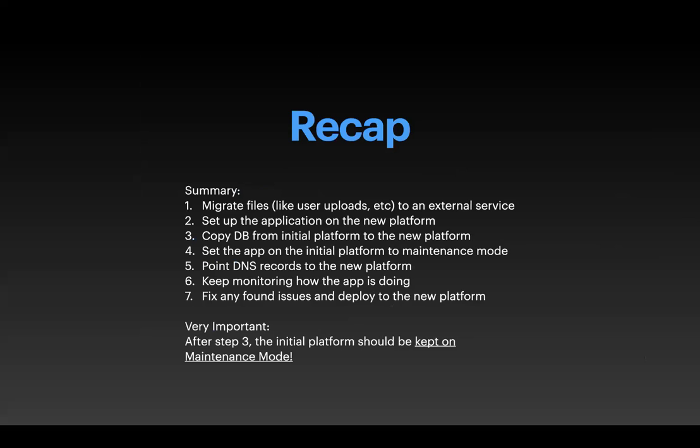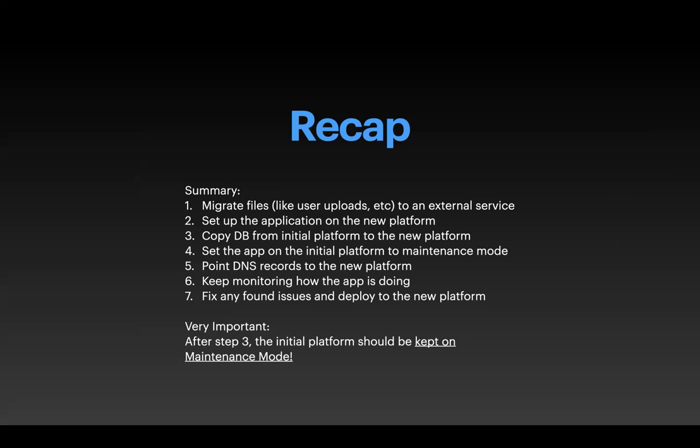Step zero, initially, the pre-setup, is to create or completely duplicate the architecture on the new platform. Then you migrate the files, or migrate the files outside of the server, like on Amazon S3 or DigitalOcean or wherever else. Then copy the database from the initial platform to the new platform and set the application on the initial platform to maintenance mode.